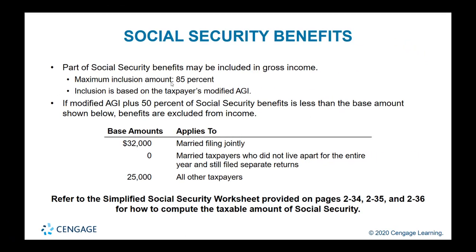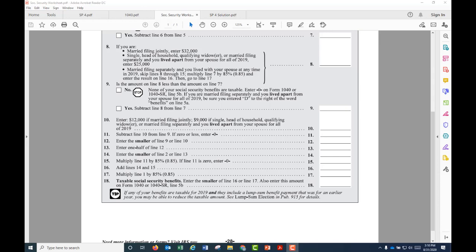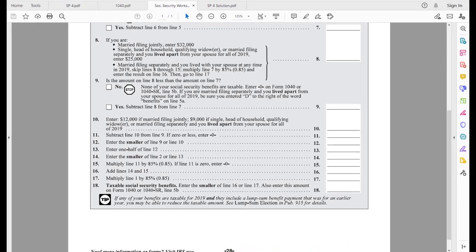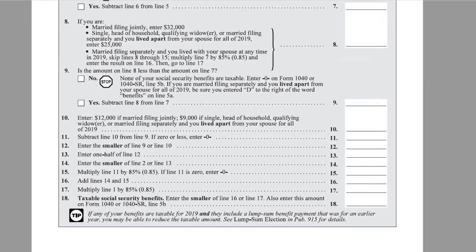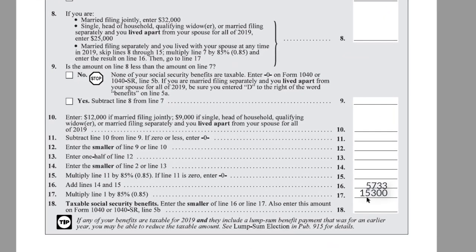Maximum inclusion amount, 85% to be included in gross income to be taxable. Back to the worksheet. Line 17, 85% of line 1, the Social Security benefits, is 15,300. That's the max amount of income that's taxable to be included in gross income.